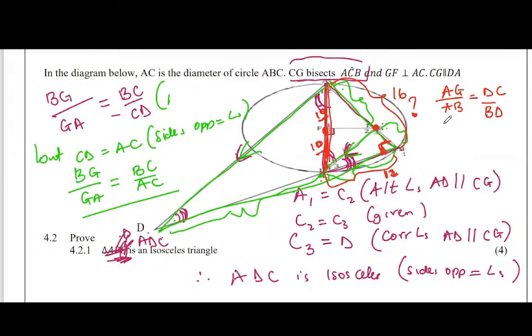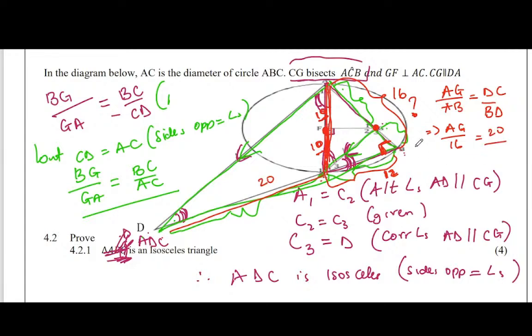So we know that our AG is what we need, but our AB that we got is a 16. Our DC is a 20, because we say this side is the same as that side from the first part that we proved. So it's a 20 over BD.